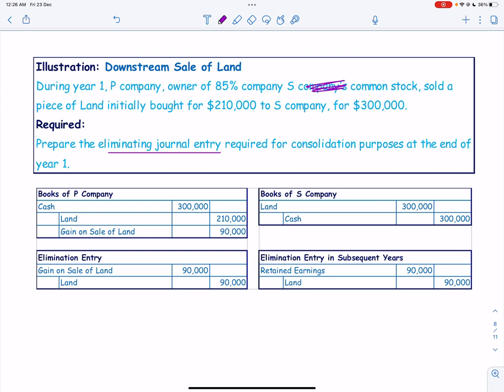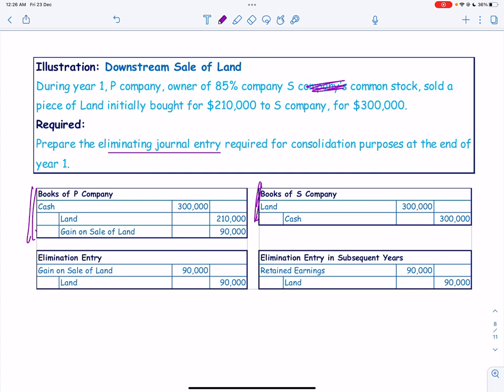So, land is recorded in the books of both the parent company and the subsidiary. At the end of the year, the two companies' accounts are to be consolidated, and we have to resolve two problems at the time of preparing the consolidated financial statement.